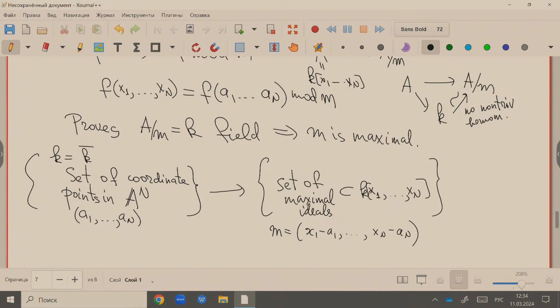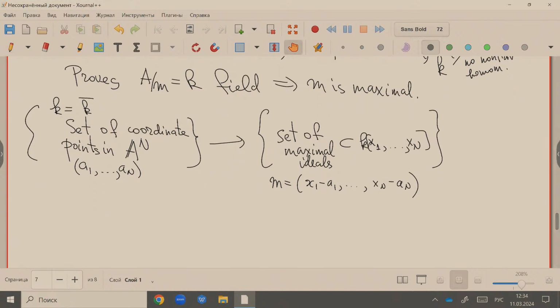The only thing is that we have this map, but in general we do not have an inverse map. For this map we do not need any assumptions, and if k is equal to k overline, this map is a bijection.